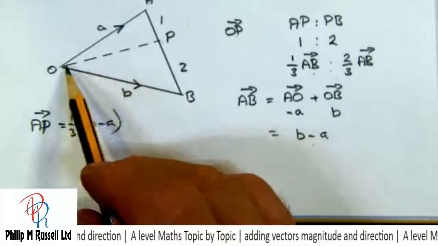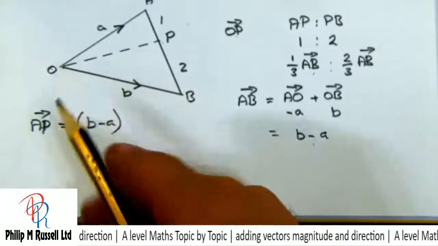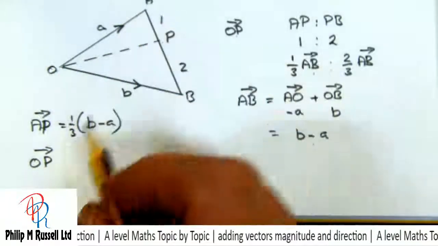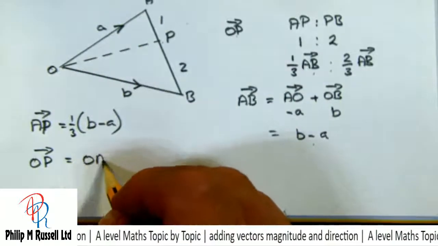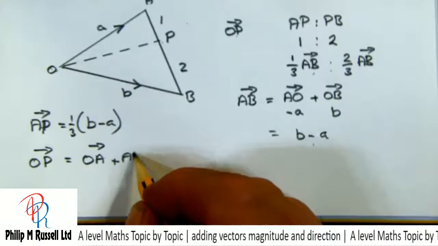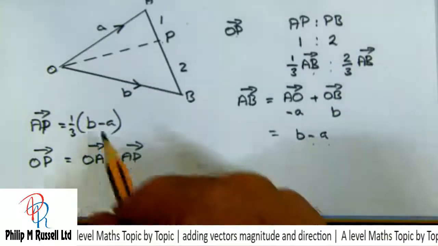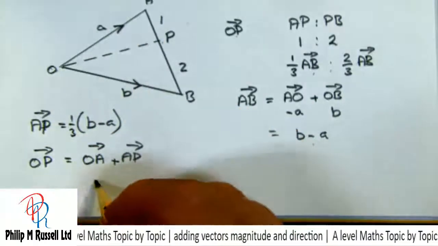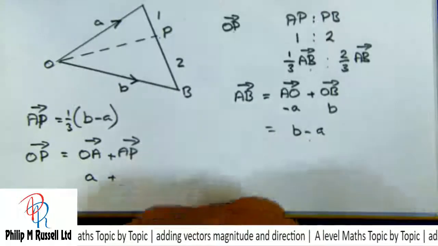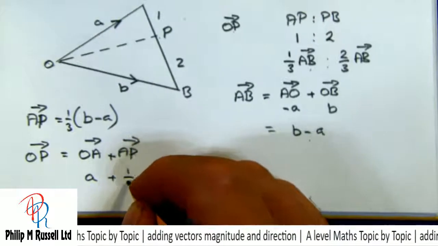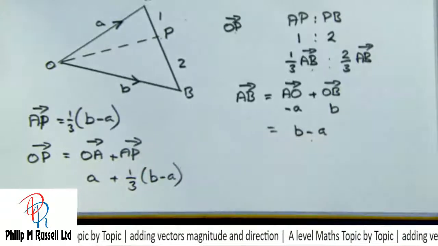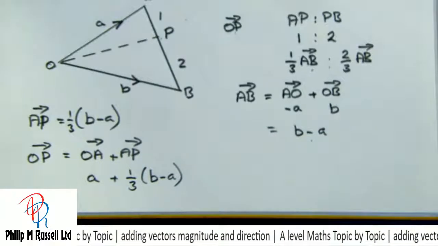And so to work out how to get from O to P, I'd need to go from O to A, and then I'd need to go from A to P. O to A is A, plus A to P is going to be 1/3 of B minus A. Now I don't like writing them like that.